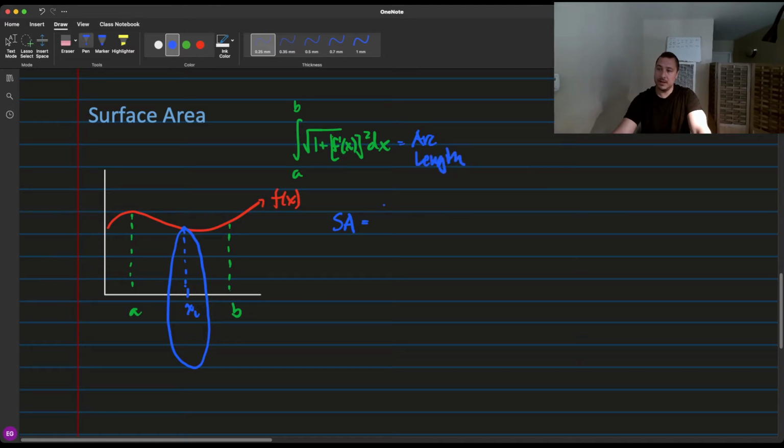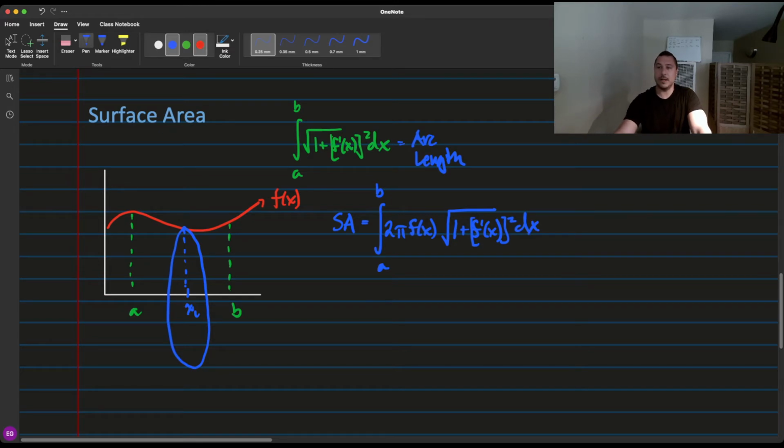The surface area is going to be the integral from a to b of 2 pi f of x times the formula we had from arc length, the square root of 1 plus f prime squared.